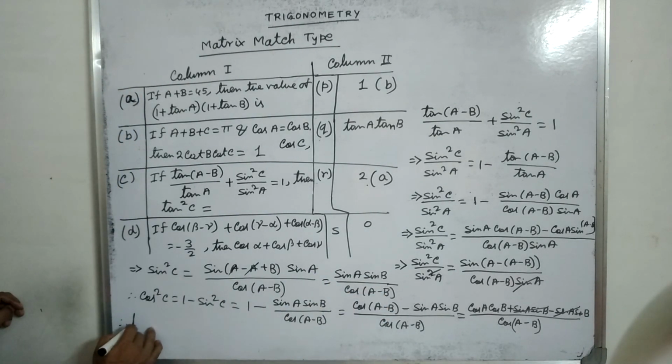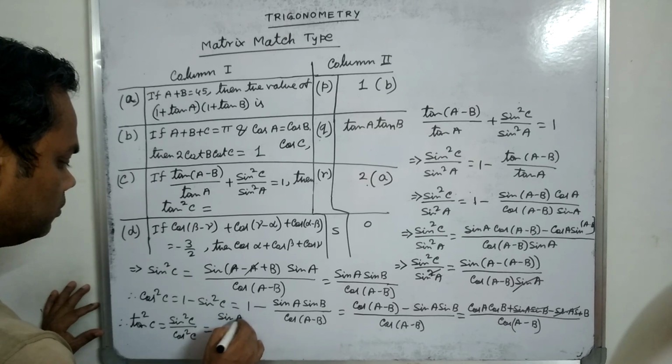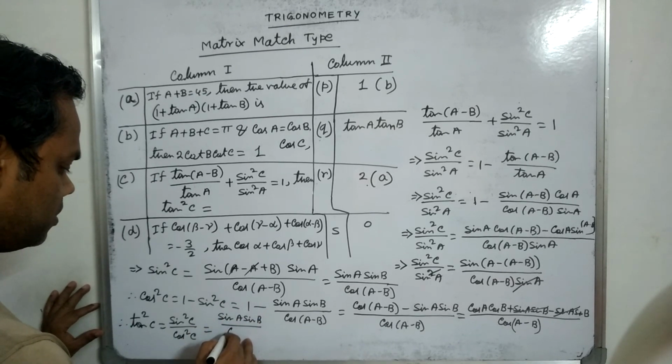Therefore tan square C is equal to sin square C by cos square C. Sin square C is sin A sin B by cos (A minus B).